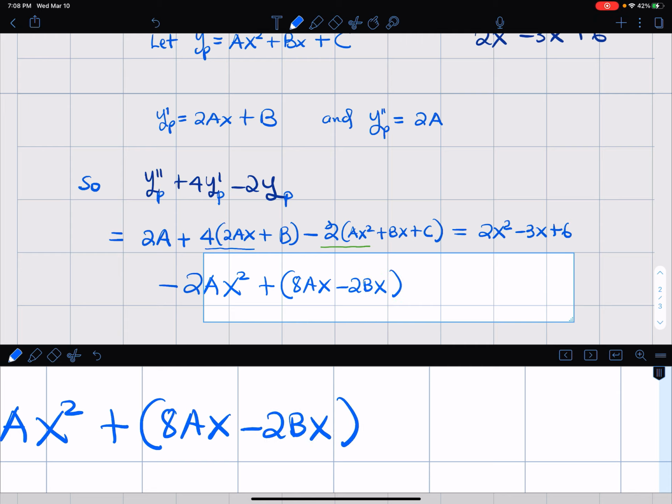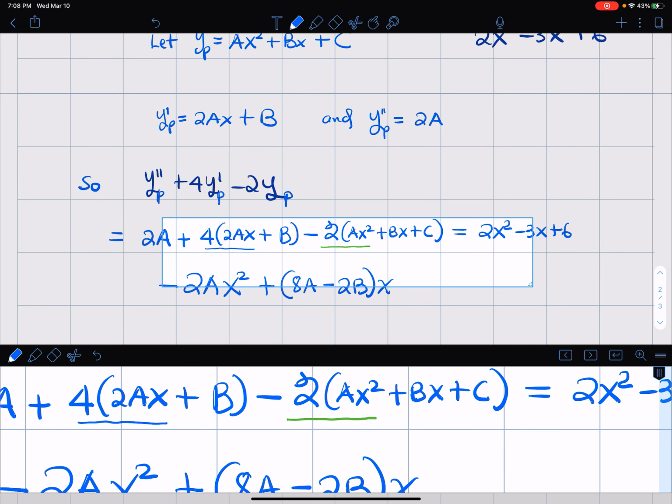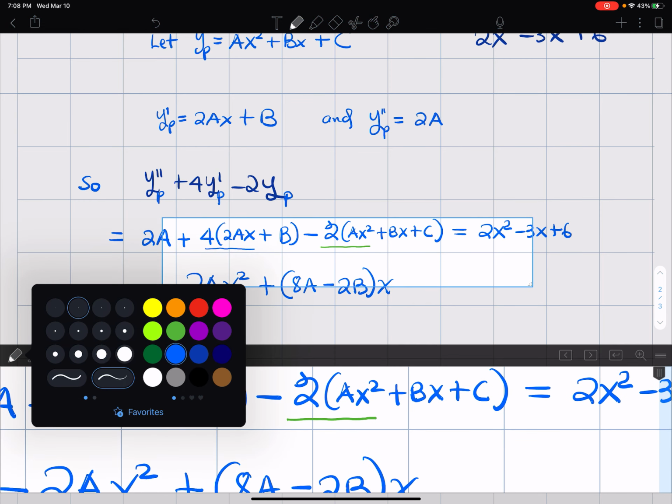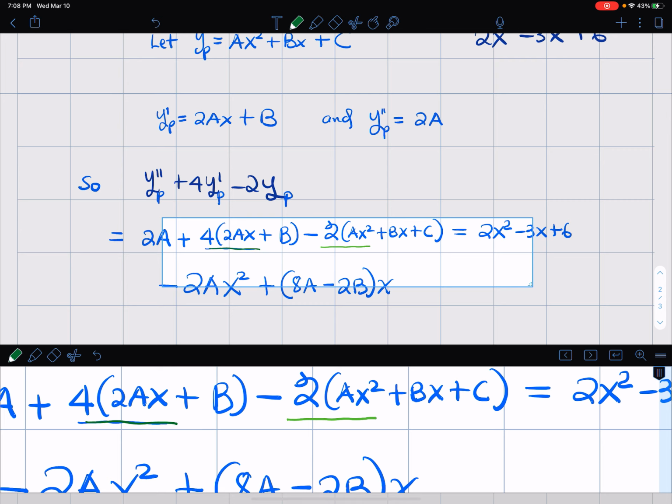All right, so we can write it as 8a minus 2b, and then we have x. So we've taken care of this, and we've taken care of this.